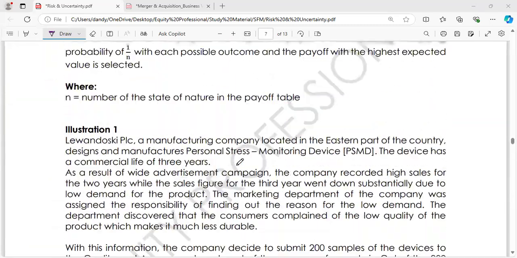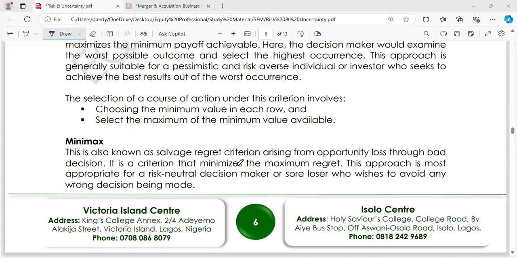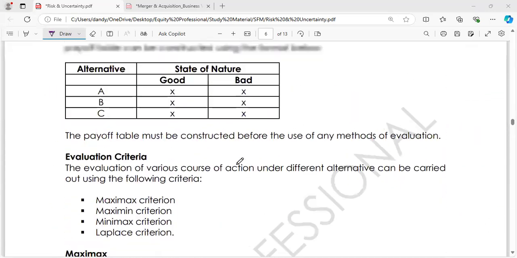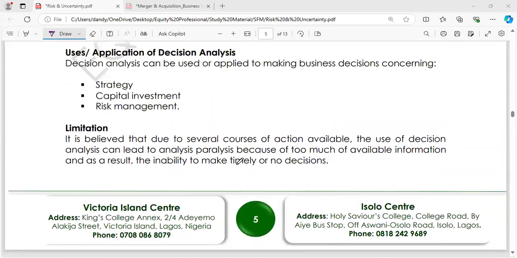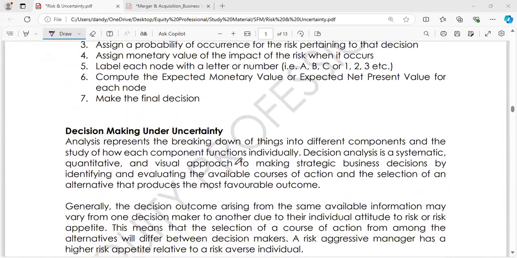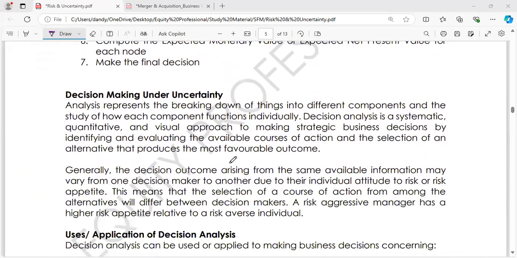Let me see if I can spend the remaining 30 minutes on decision analysis. I doubt if the examiner can be asking you a question on that. But in any case, let's run through it. Is there any need for it? There's no need. It's just a waste of time. It means performance management. Yes, the examiner can be asking you this, but not in SFM.